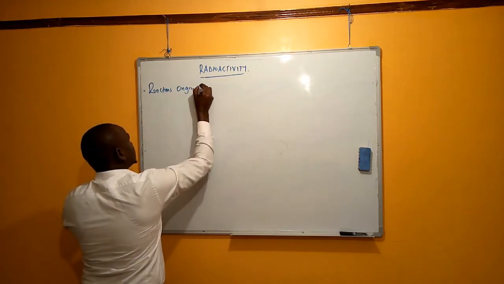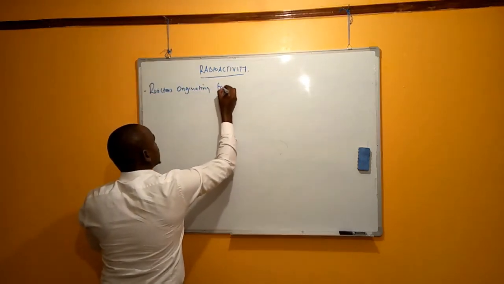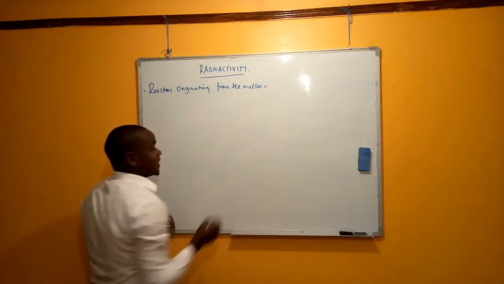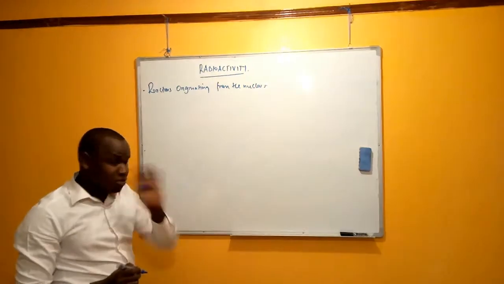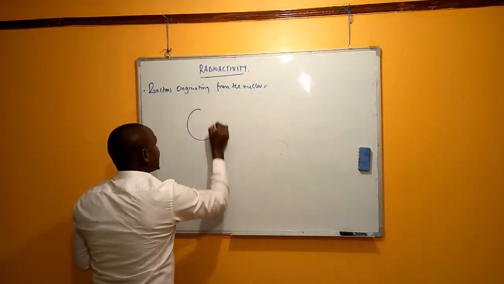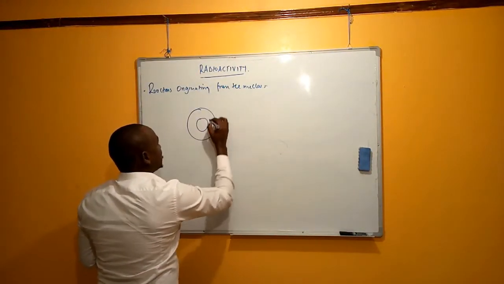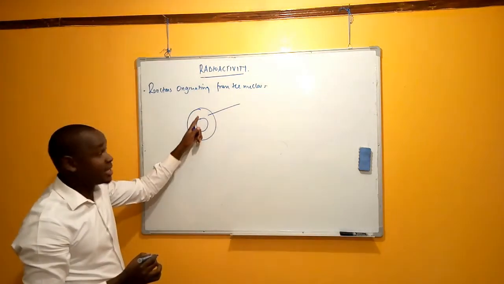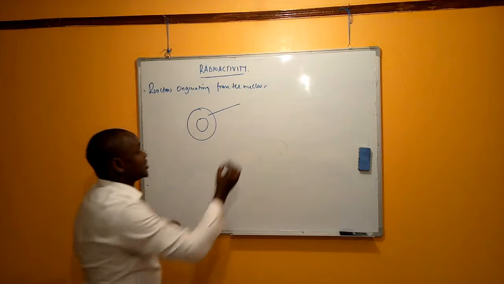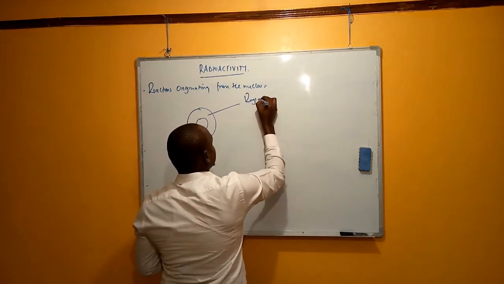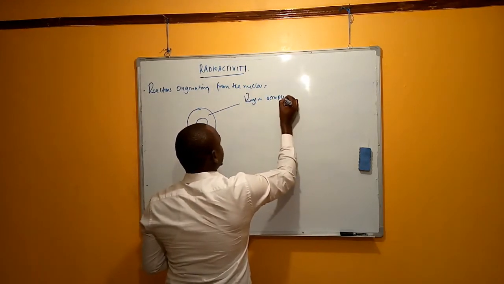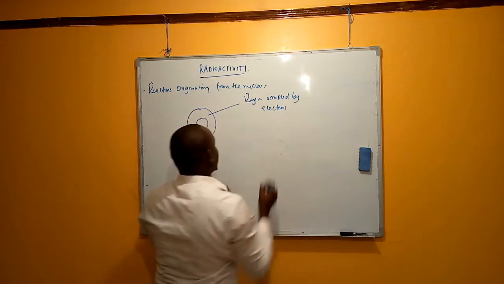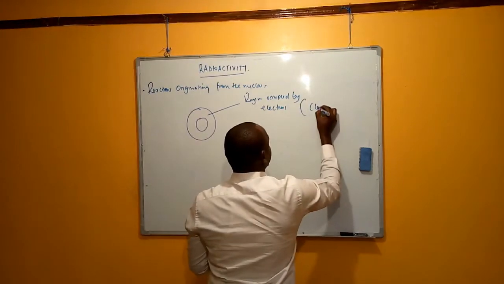If I am to just draw a general atom, I'll have this region, which is the region occupied by electrons, where we have our different energy levels. We are saying that this is where chemical reactions take place.